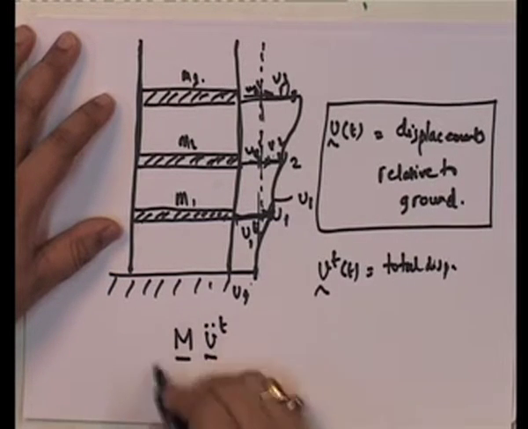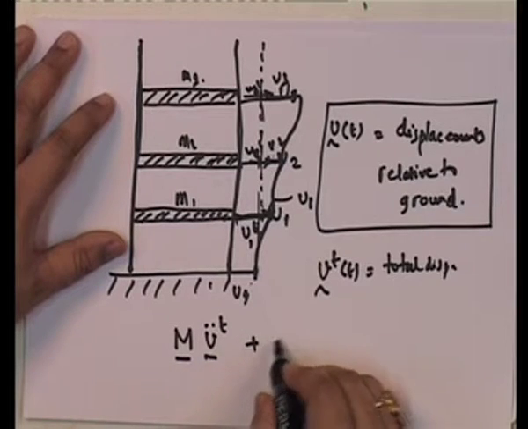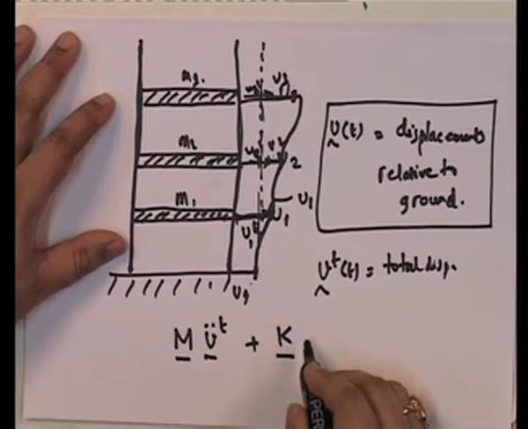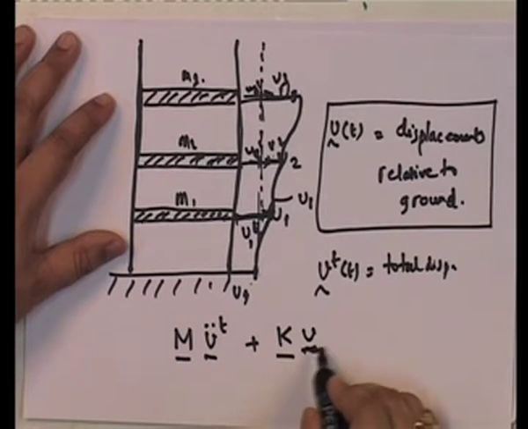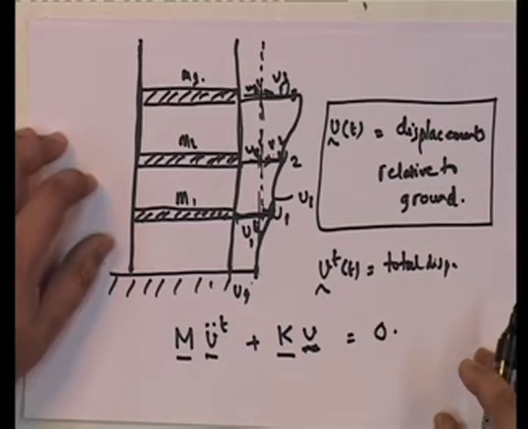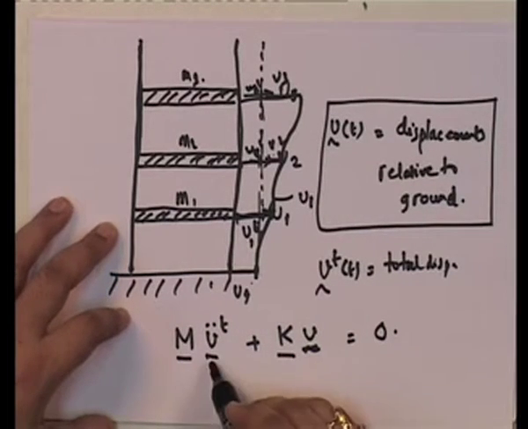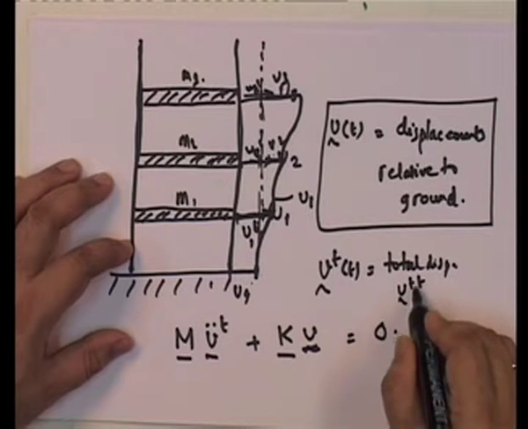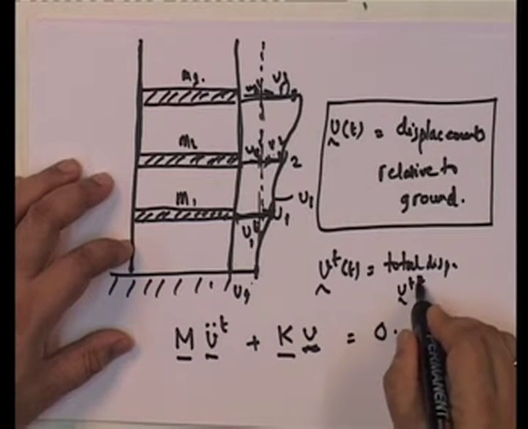That is the inertial force, plus now k, because that is the deformation, into V is equal to 0, because there is no external load. Okay. However, if you look at this, what is V total of t equal to?